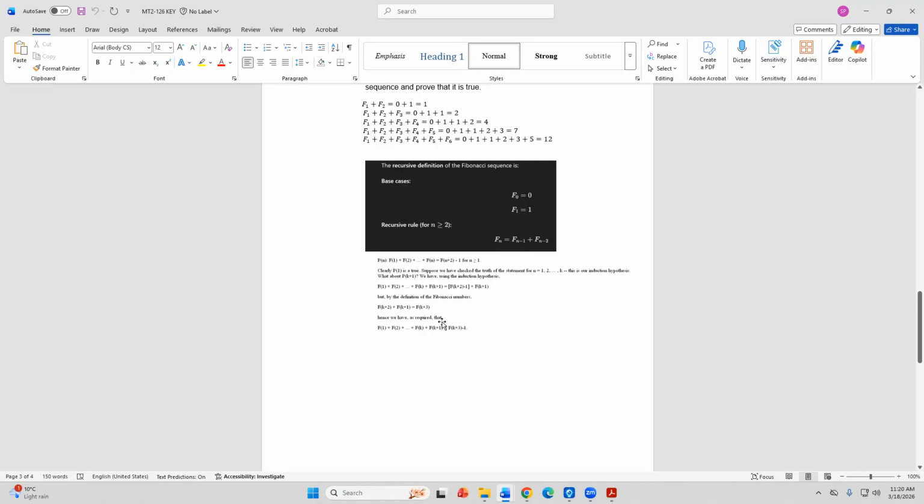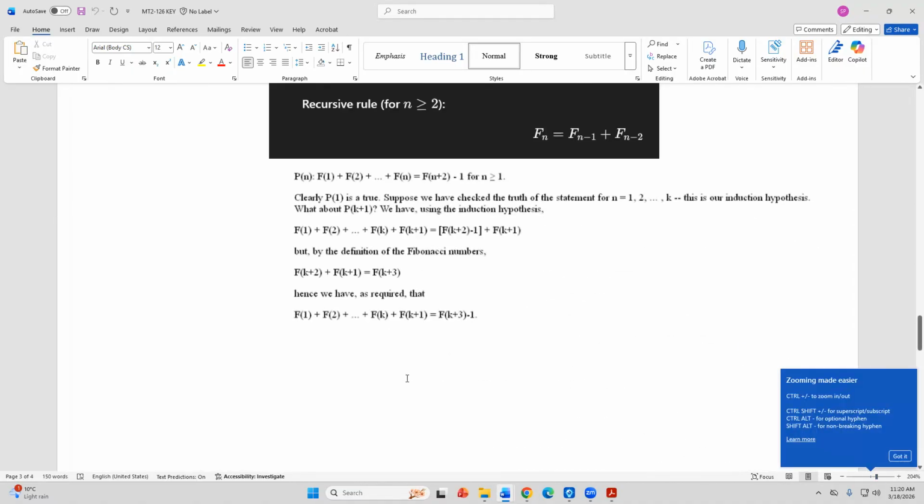You first tackle the, this is way too small. Clearly P1 is true. P1 fits this no matter what. This is for n greater than or equal to 1. So P1 is true if you just stick it in here.